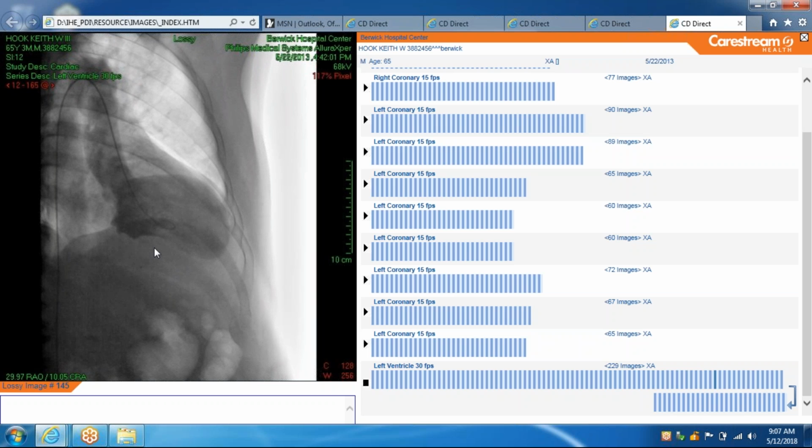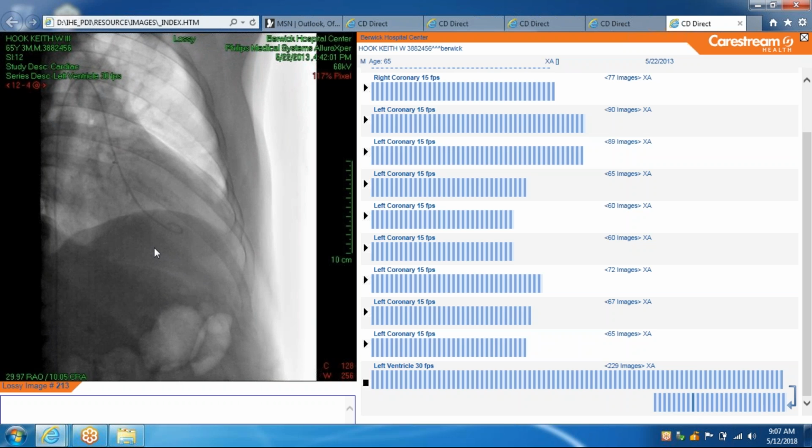This is a patient we elected to treat medically for a number of reasons. The LAD occlusion was somewhat chronic, and the ejection fraction was pretty poor. So we treated the patient medically.